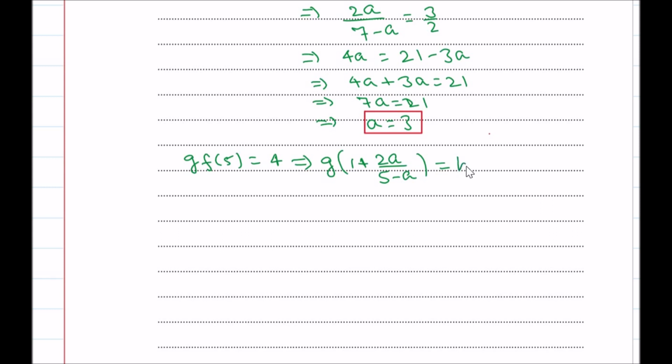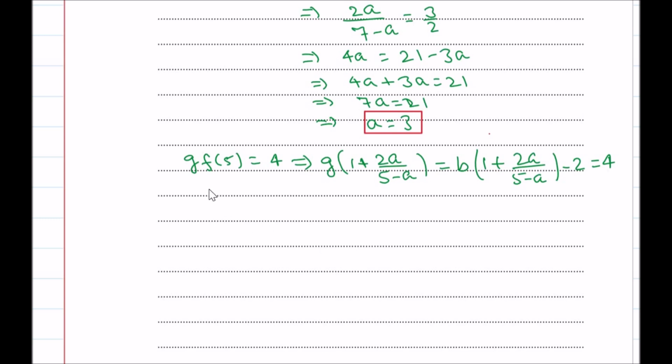So we get b times x, where the x value is this here: 1 plus 2a divided by 5 minus a, and we have minus 2. And this is given equal to 4. So we'll write equal to 4.